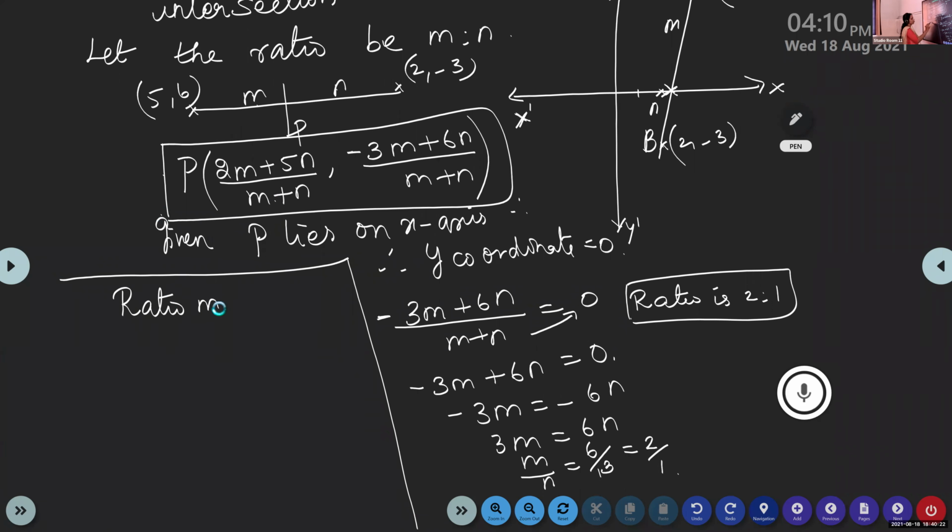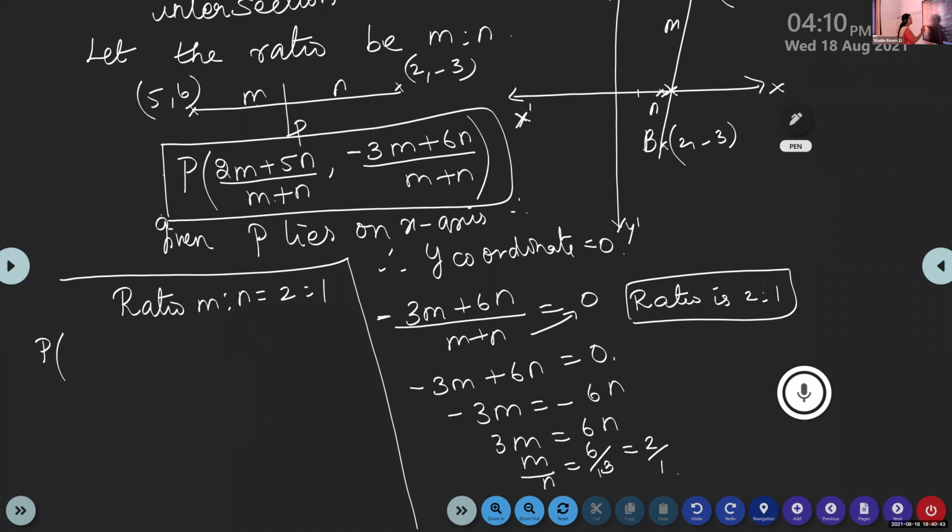Ratio m is to n is 2:1. So in the point P, in the place of m, you put 2, and in the place of n, you substitute 1. Substitute the values there.